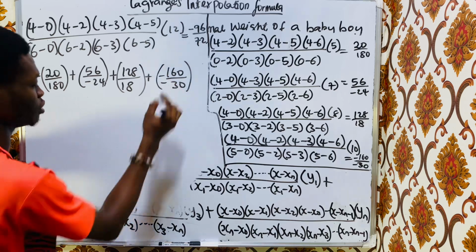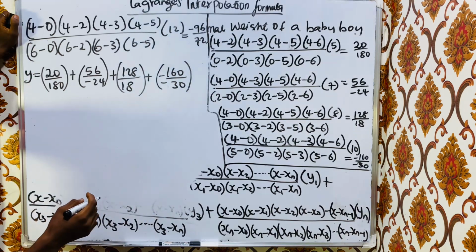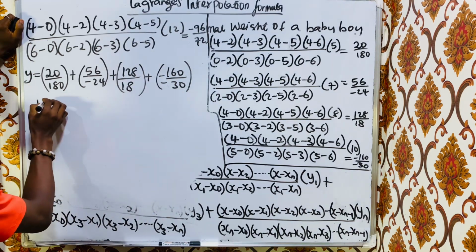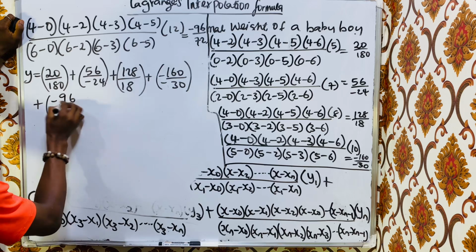But let me put it so that when we simplify, you will not get confused. Then plus the last one, minus 96 over 72.